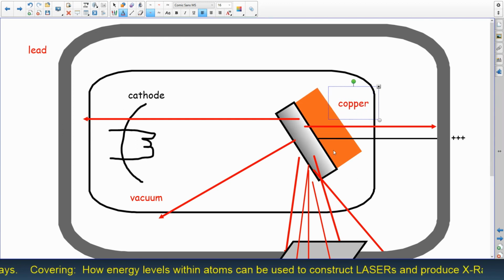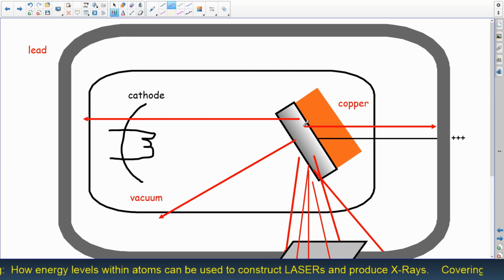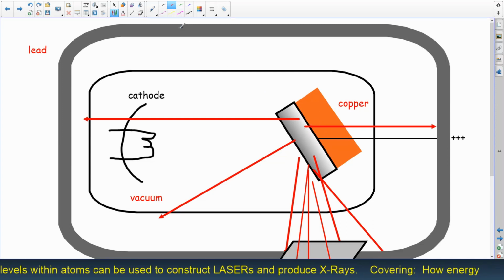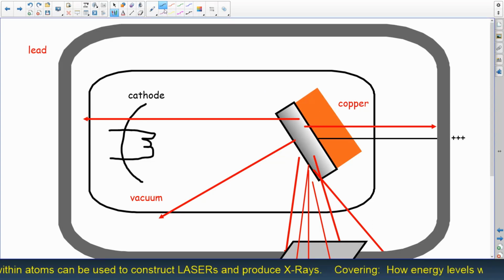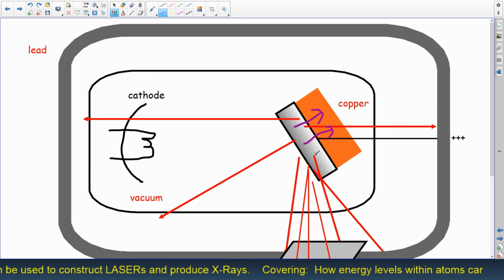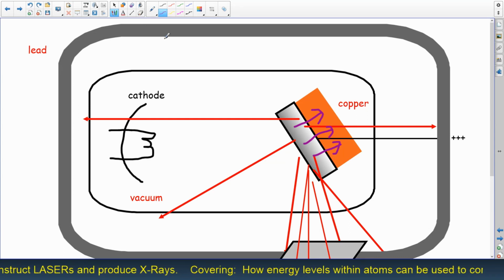Copper is a really good conductor of not just electricity, but also heat. So some of the heat that's produced in our anode is going to flow. Shouldn't use red because you're going to think it's photons. So let's use purple for heat. So heat is going to flow into my copper. Alright?